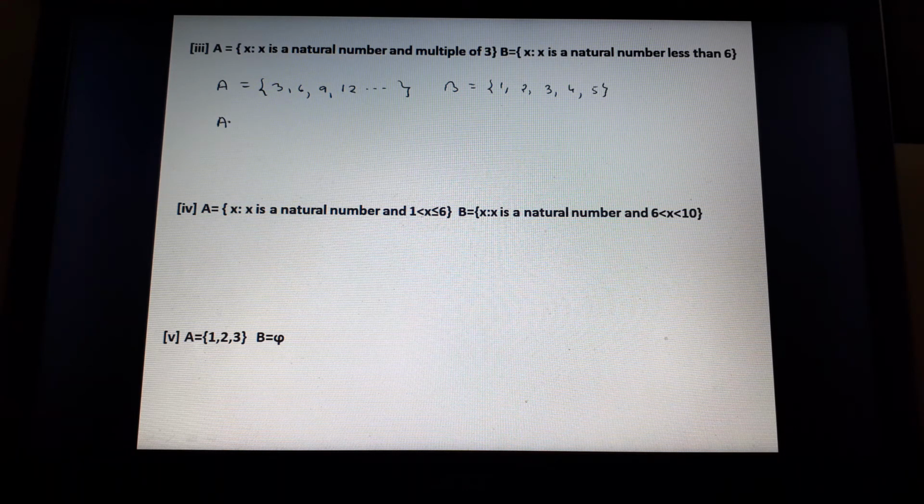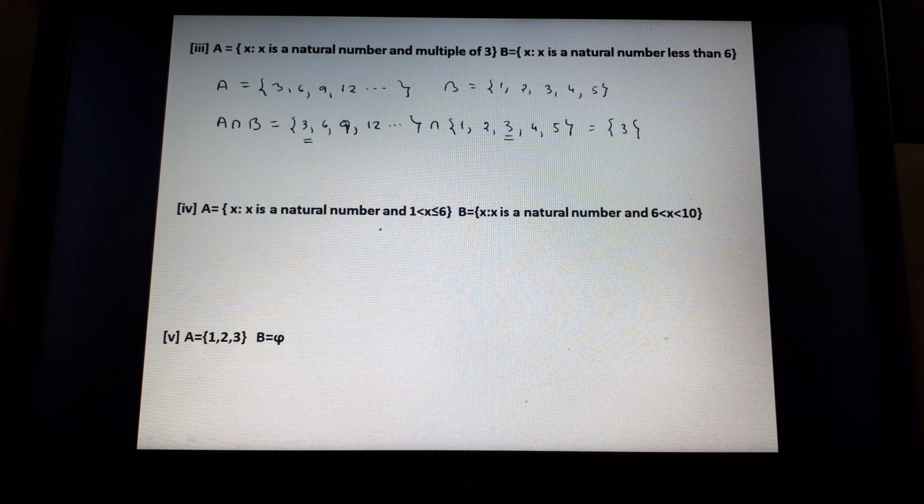Now the question is A intersection B, meaning 3, 6, 9, 12. This is the first set. Intersection, this is 1, 2, 3, 4, 5. Now the common element here is, I think, only 3. You can check it. So 3, 3. No other element is common, therefore it is 3.